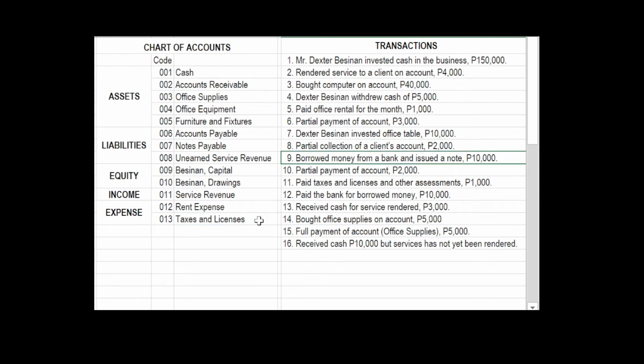Borrowed money from a bank and issued a note. Okay, so umutang tayo ng pera sa bangko. Ano yung pumasok sa atin? Pag uutang ka ng pera, papasok sa'yo yung pera, debit tayo ng cash. And then, walang lumabas, pero na-analyze natin na nagkaroon tayo ng utang. And nag-issue pa talaga ng note. Kapag nag-issue ng note, yung gagamitin natin na account title is notes payable.